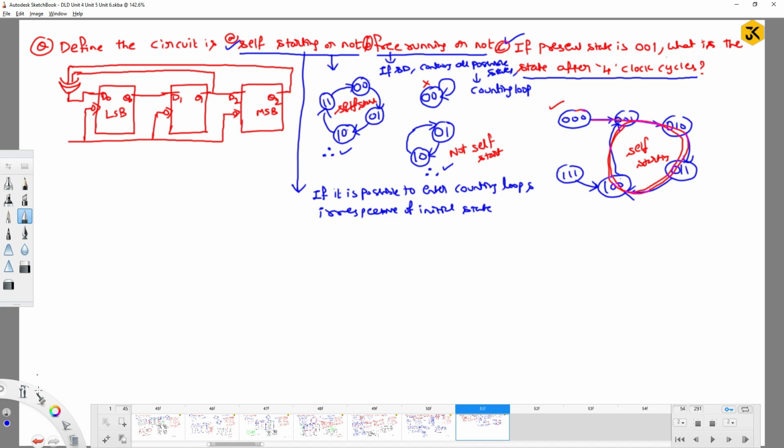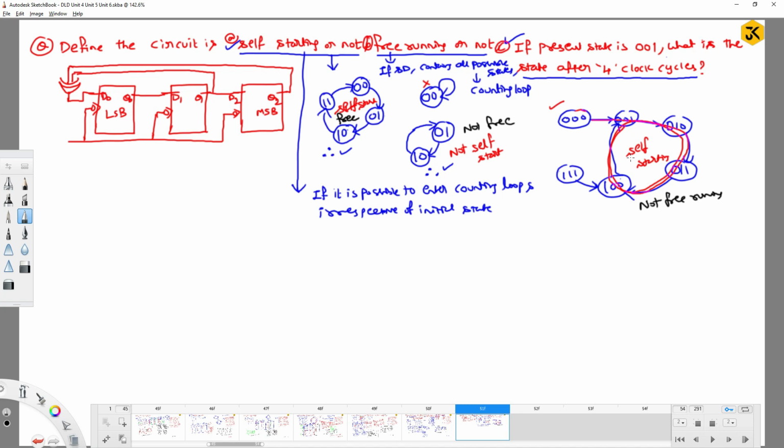Is the first one free running? Yes, because all the states enter the loop. The second one is not free running. The third one is also not free running, because only a few states participate in the loop.